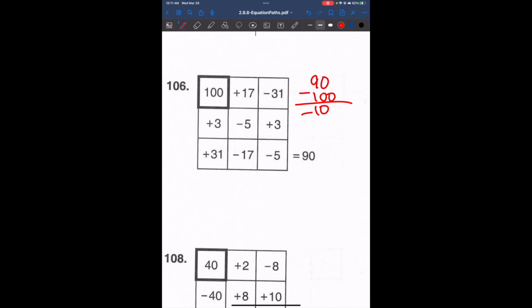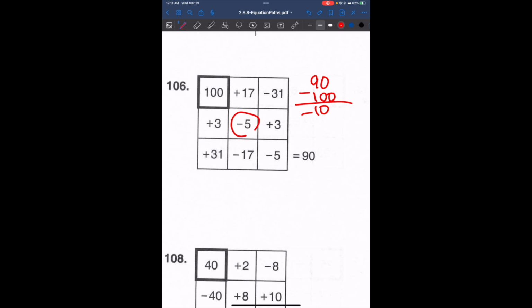And so we can do this by crossing two negative 5s here. Since negative 5 plus negative 5, or negative 5 minus 5, is negative 10, which is the number that we want in the path.